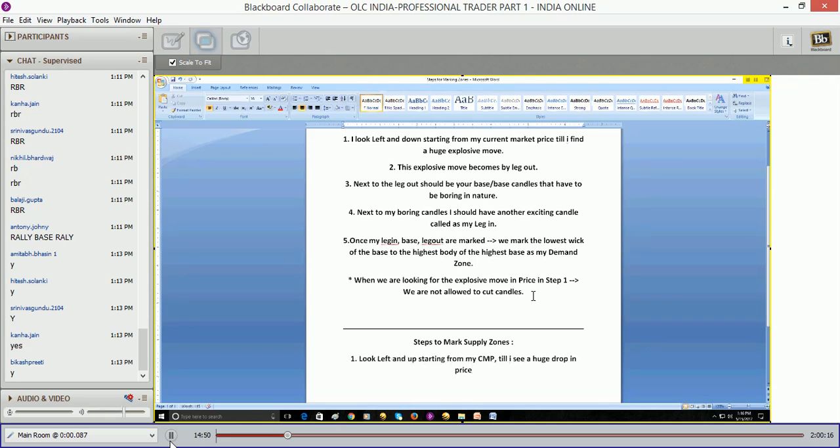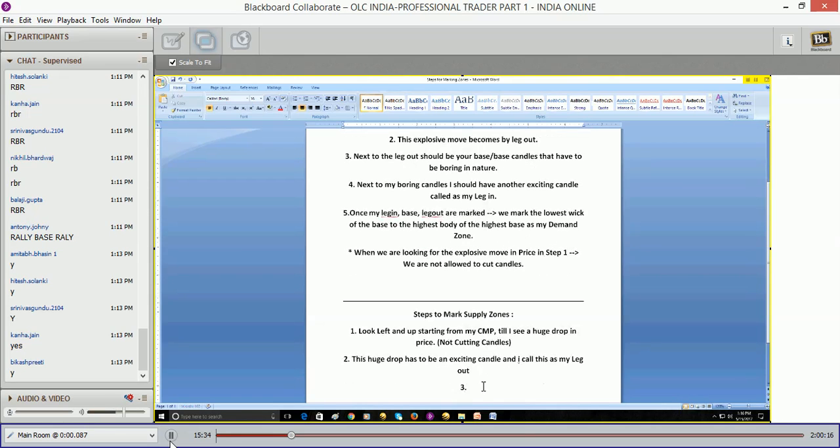In caveats I'll put not cutting candles. This huge drop has to be an exciting candle, and I call this my leg out.